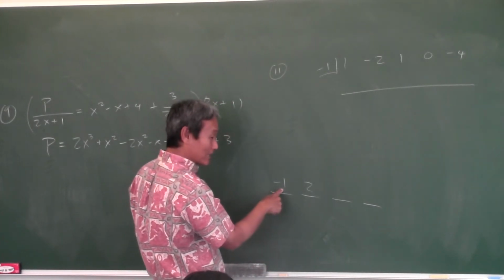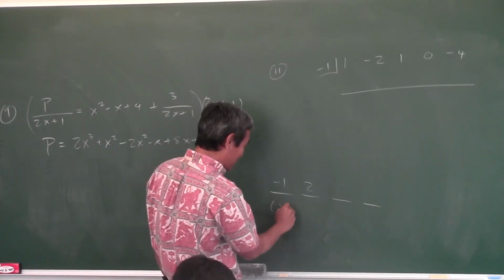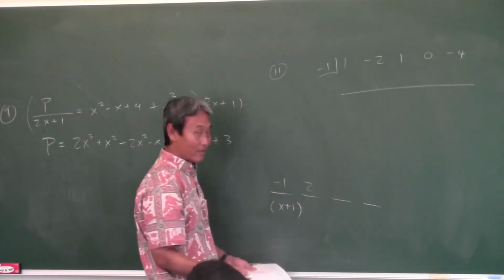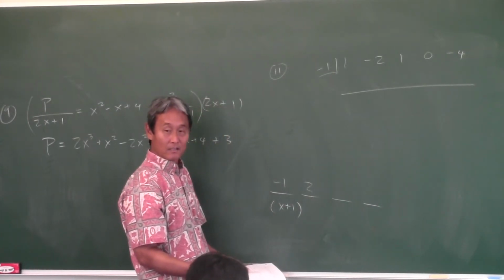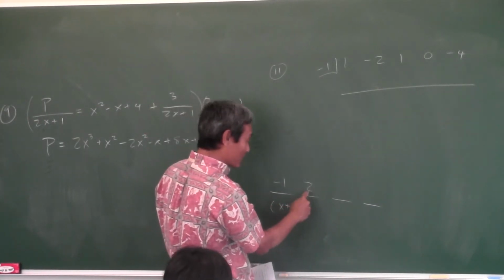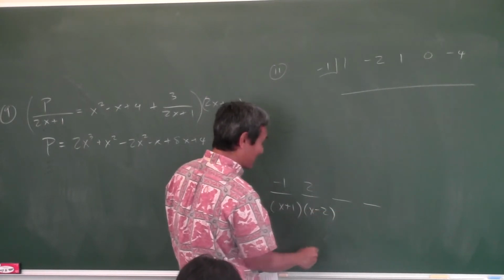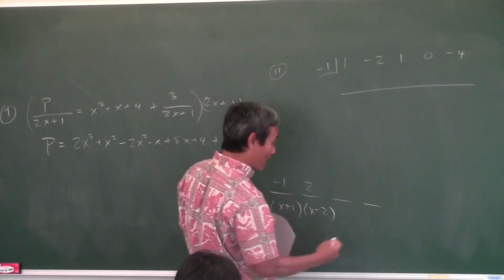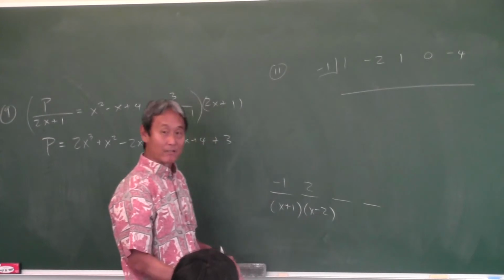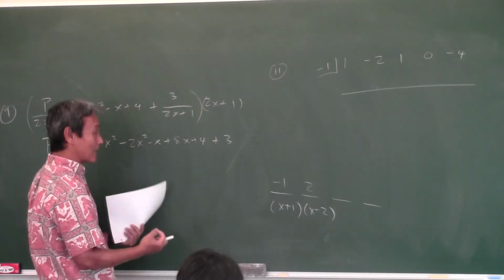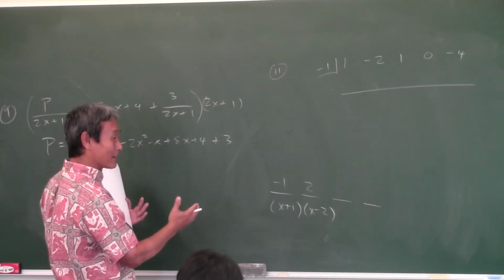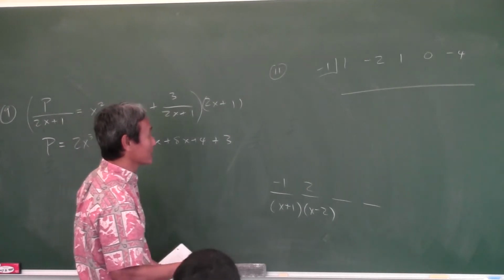If negative 1 is a root, doesn't that mean x plus 1 is one of the factors? If 2 is a root, x minus 2 is another factor, right? The hard part is, how do you figure out what the other factor is? Remember, this is what synthetic division is for. We use it to factor polynomials so we can solve equations.